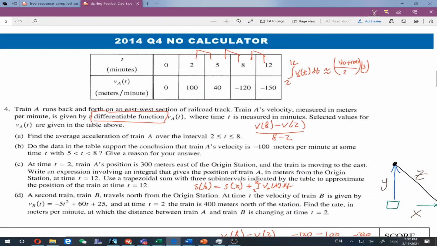Kyle, sticking with you for a minute. How fast is train A going at 2 minutes? 100.